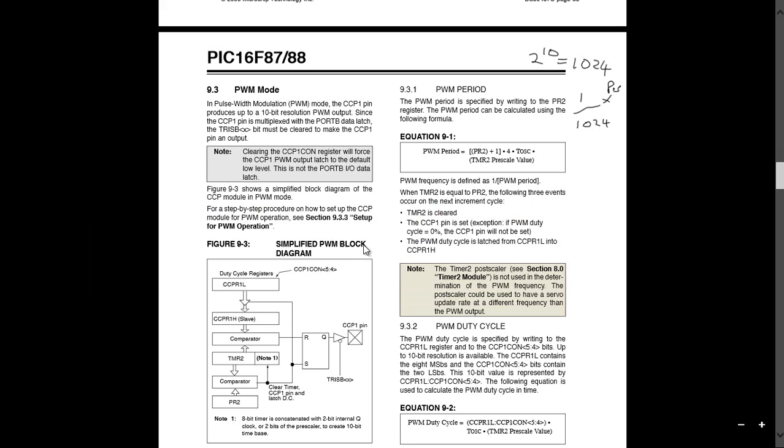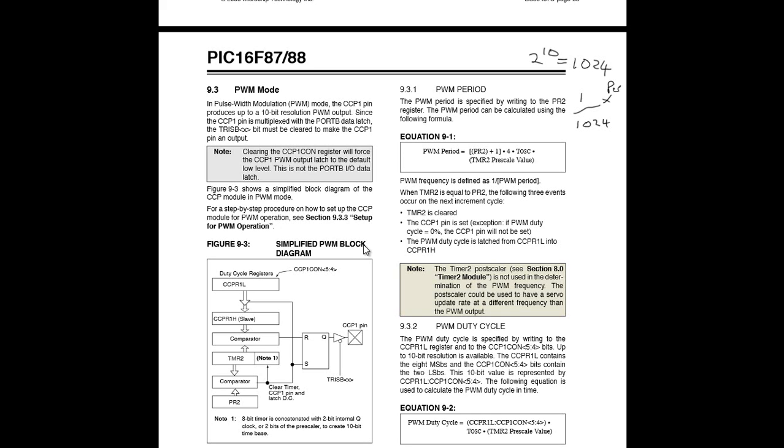CCP1CON, that's those 2 bits, 5 and 4. You're going to have to set those to 0 for the 30 that we've just done, which means they will both be set to 0. So it's effectively like multiplying the oscillator frequency by 4, in order to get us closer to the value.